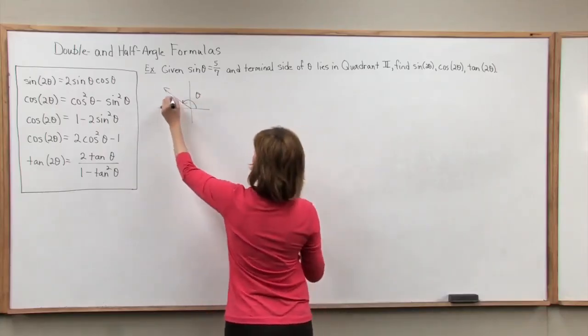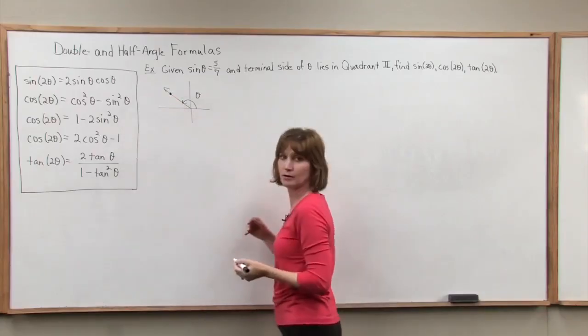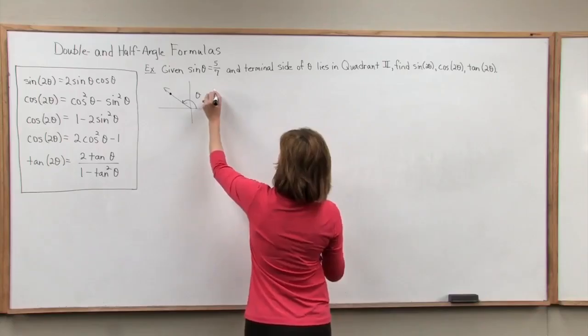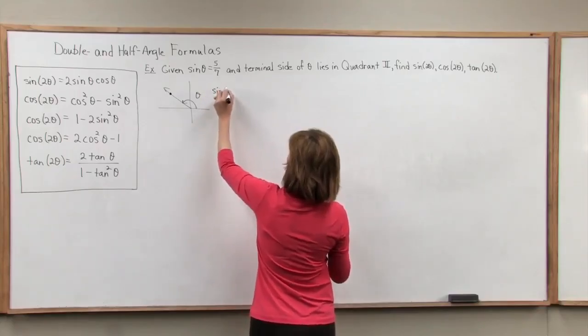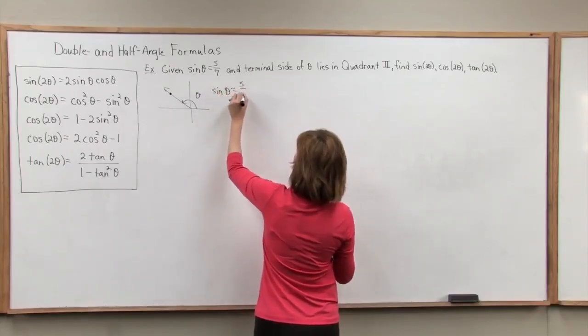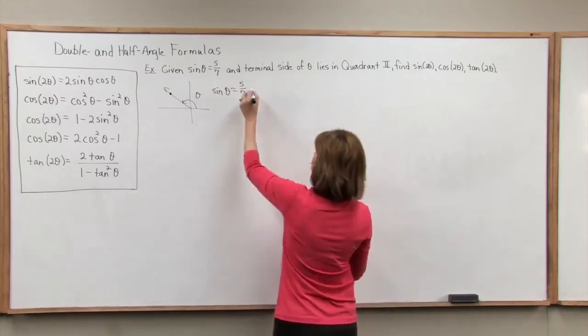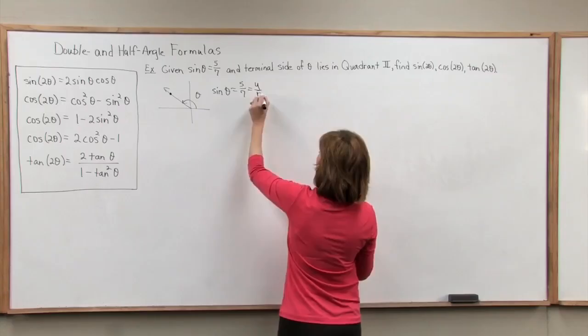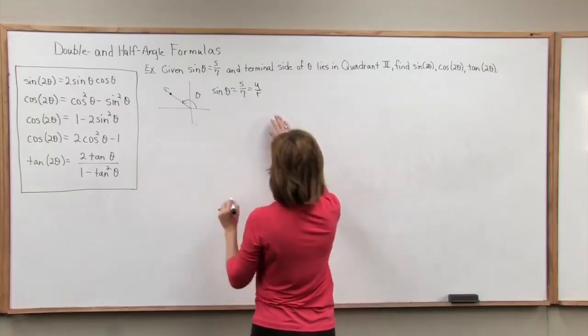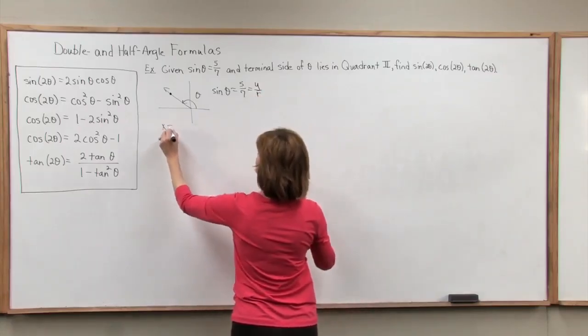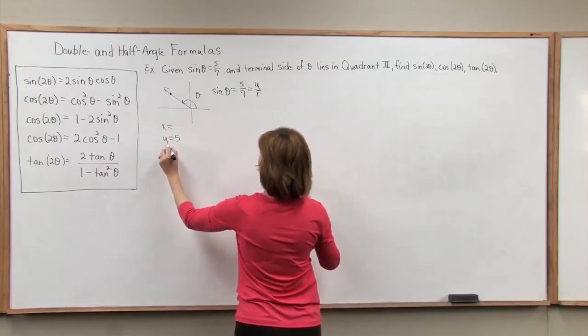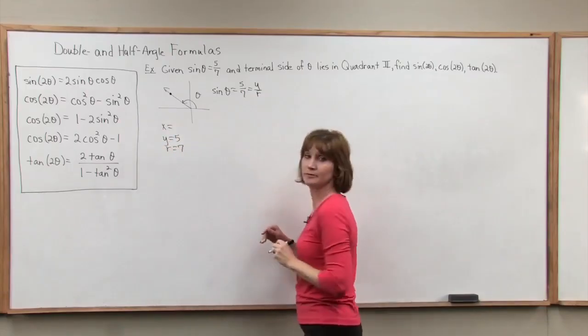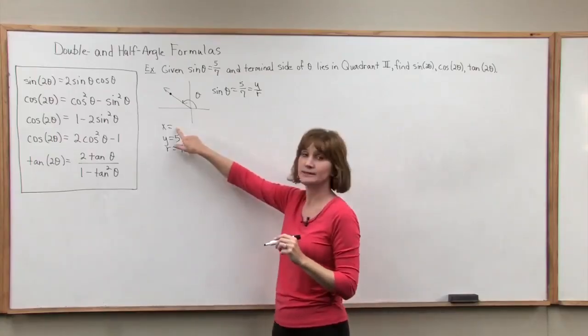We know that we need to come up with our coordinates. Well, we know the sine of theta is 5 over 7, and remember that the sine of theta is defined to be y over r. So what I know is y is 5 and r is 7. What we need to figure out is x.